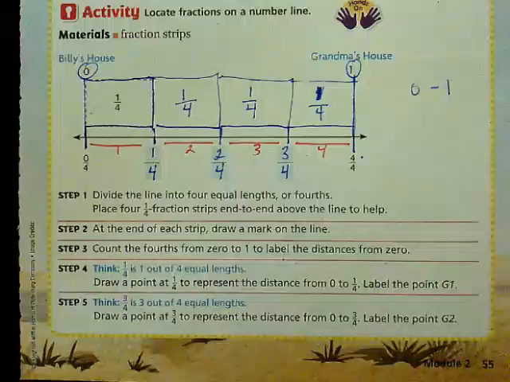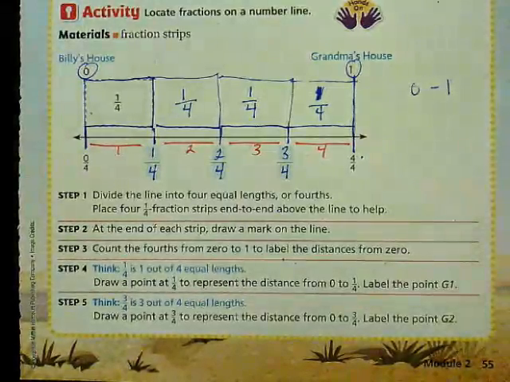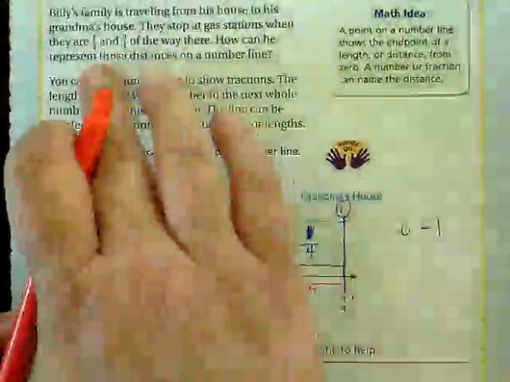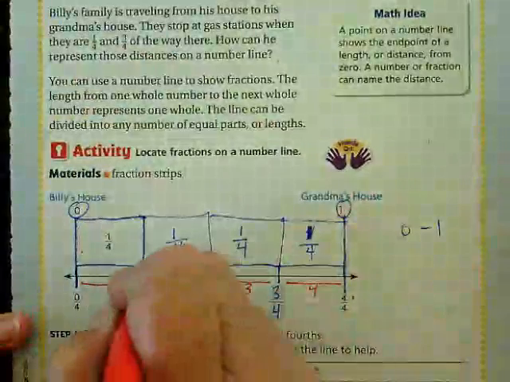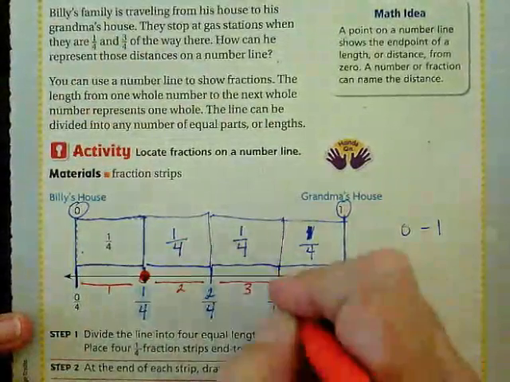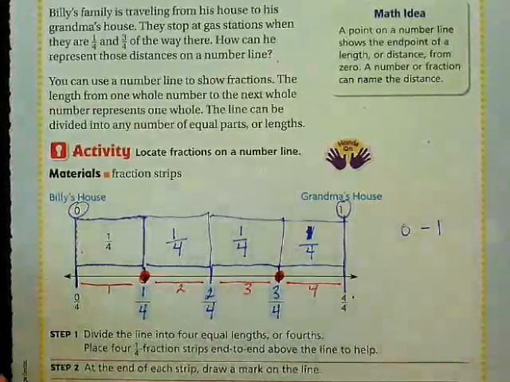So now I need to locate the distances, which ones we need to represent them on a number line now. And in our question, it says that they stopped 1/4 of the way there. That's right here. And they also stopped at 3/4 of the way there. That's that spot right there.